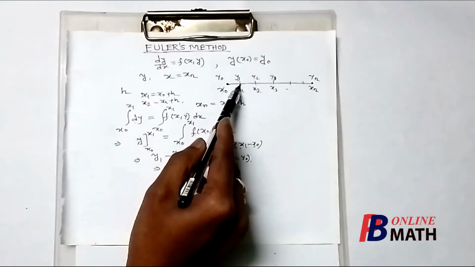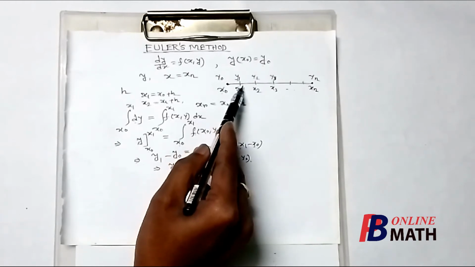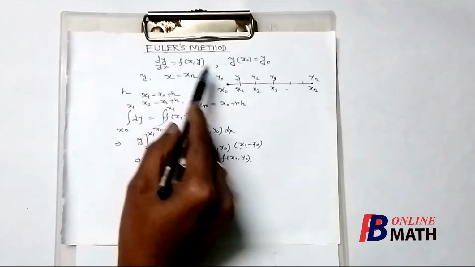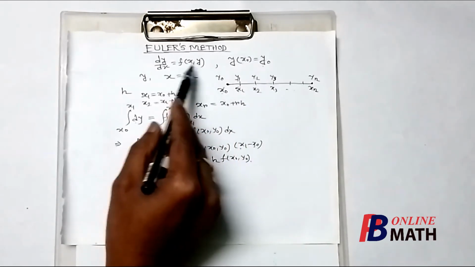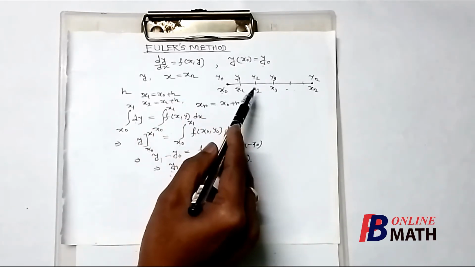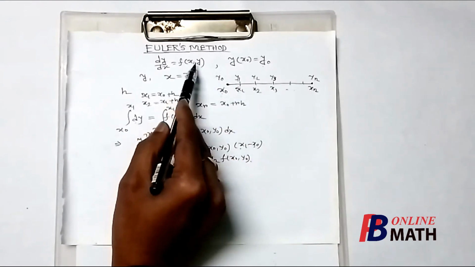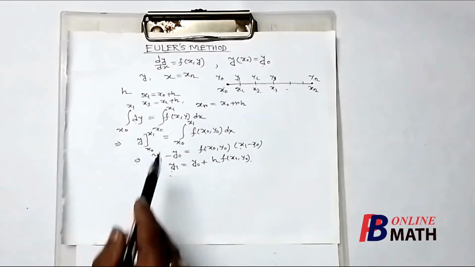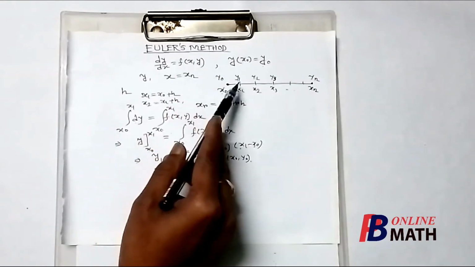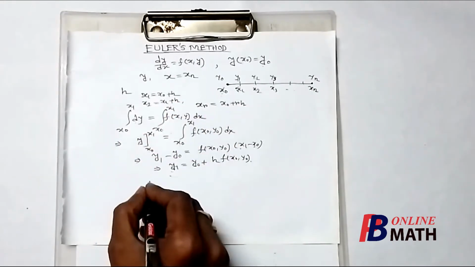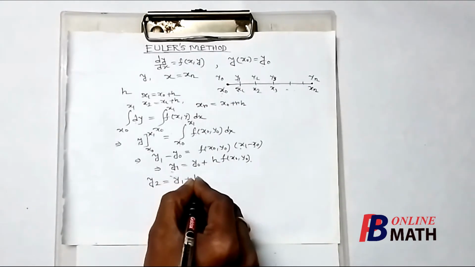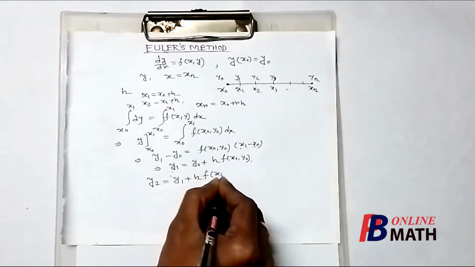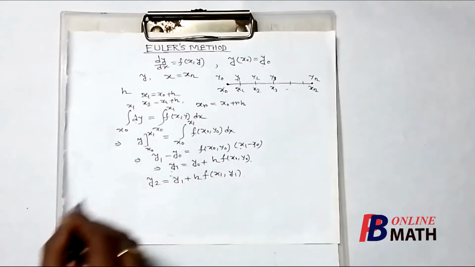And in the next part, we shall assume that the functional value f(x,y) remains constant between x1 and x2. And the value of f(x,y) between x1 and x2 will be f(x1, y1). So if we assume that f(x,y) remains constant between x1 and x2, then we shall obtain that y2 will be equal to y1 plus h into f(x1, y1).